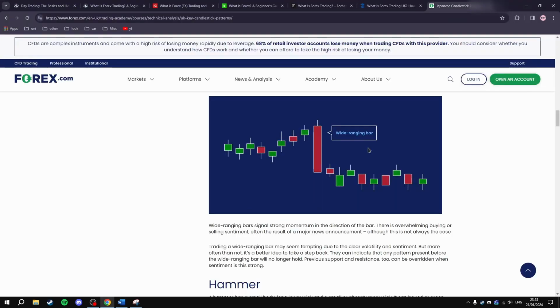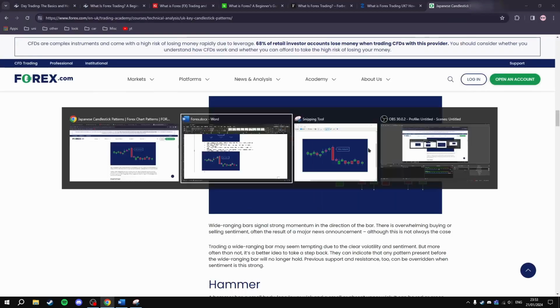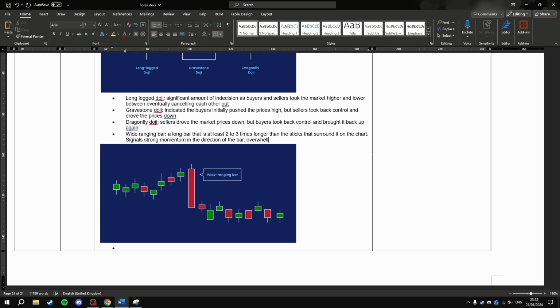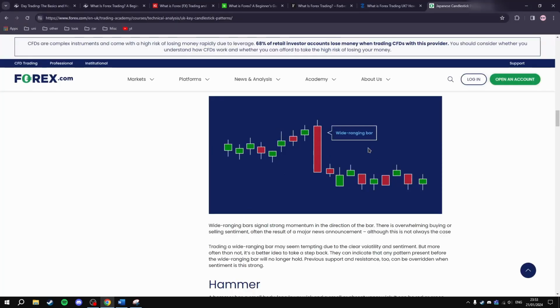There is overwhelming buying or selling sentiment. Often the result of a major news announcement, although this is not always the case.